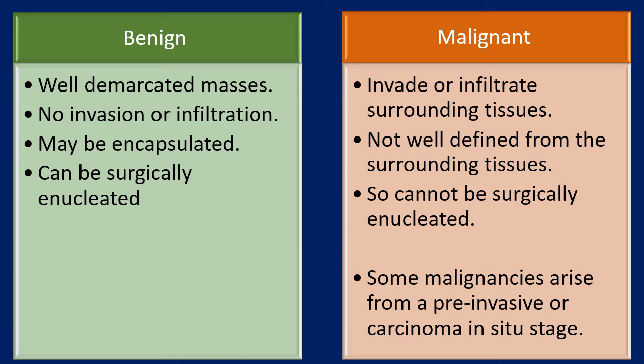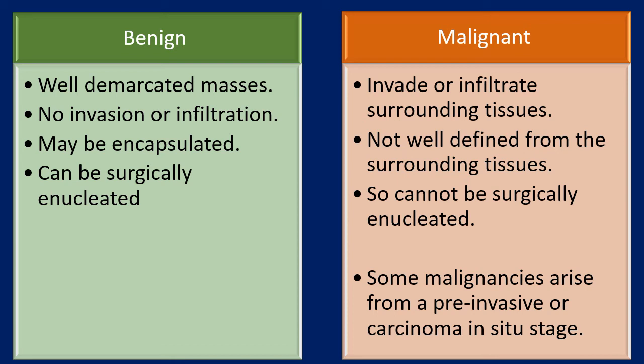A benign tumor may be encapsulated, but a malignant tumor is usually non-capsulated. So an encapsulated tumor can be easily removed, can be surgically enucleated, while a non-capsulated malignant tumor is very difficult to remove surgically.